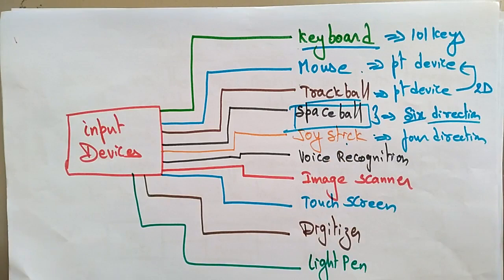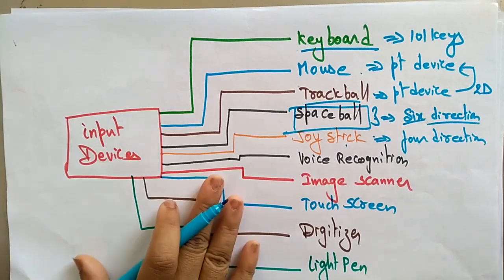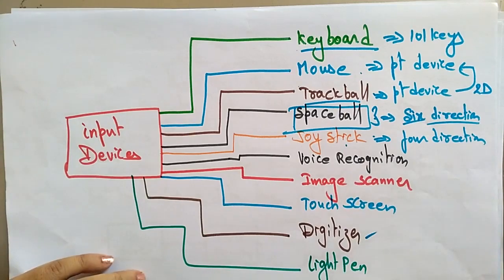Then voice recognition: with the help of a microphone, the voice can be recognized and it will perform the operations. Image scanner: images or text, whatever it may be, you place on the image scanner and it will be saved on the system. And the touch screen is one of the input devices, as are the digitizer and even the light pen.